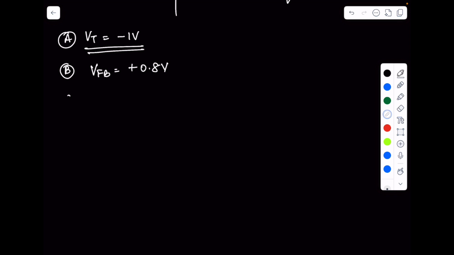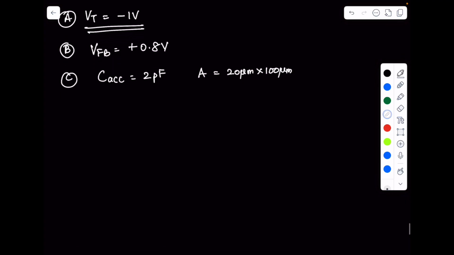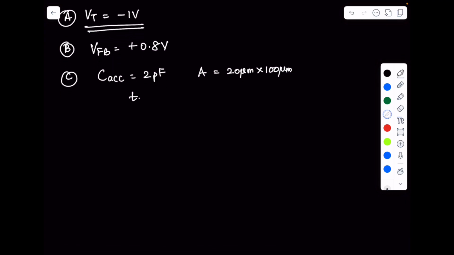Again here you see that the accumulation capacitance is 2 picofarad. The area of the structure is 20 micron by 100 micron. And so I can write my Tox as A times epsilon ox by Cox.